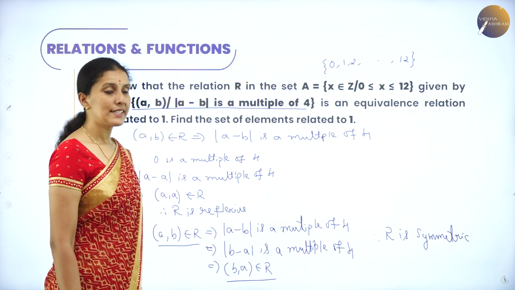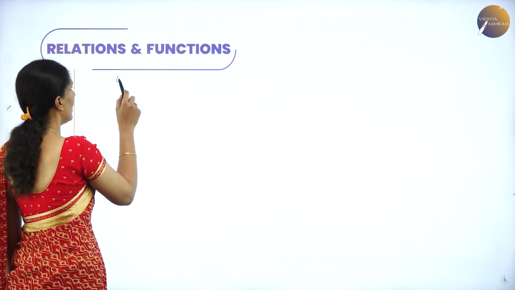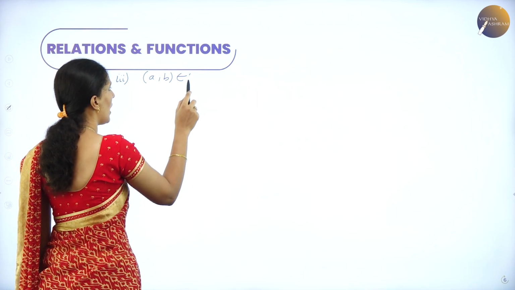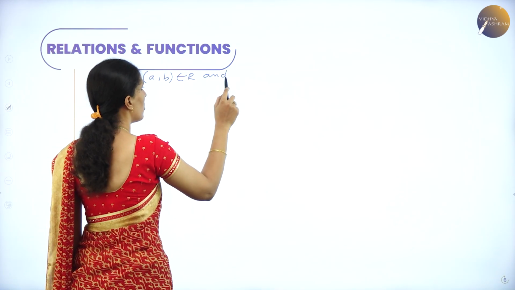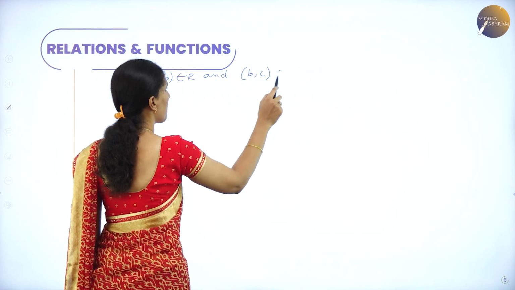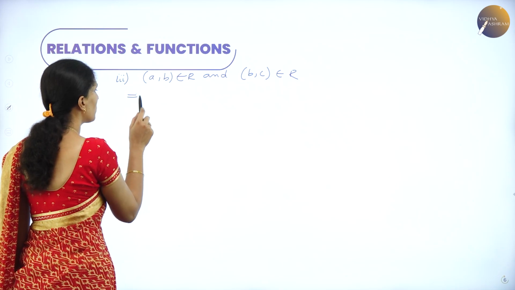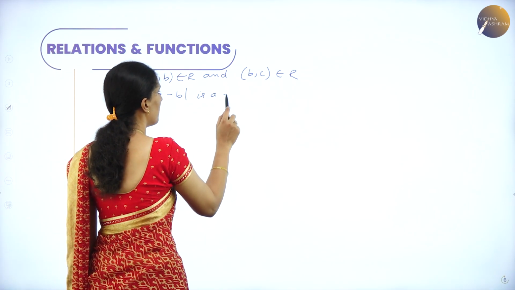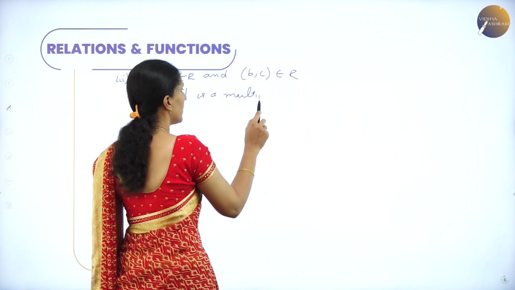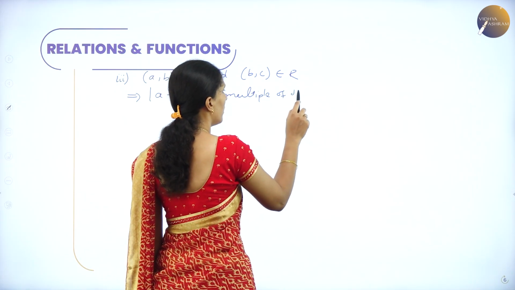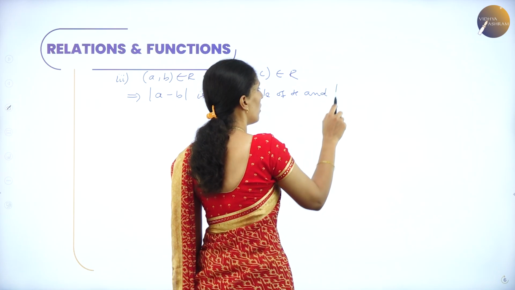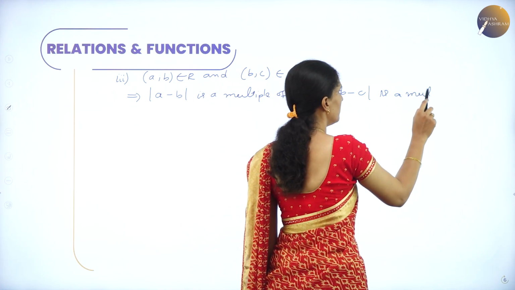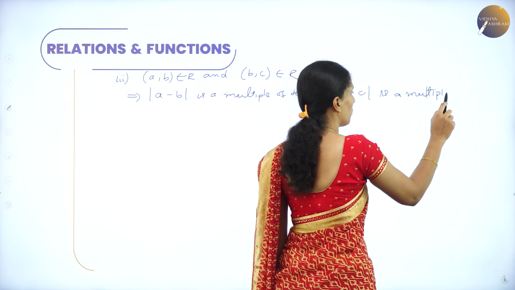Next, we show that R is transitive. So let me take two ordered pairs: A comma B belongs to R and B comma C belongs to R. So this implies modulus A minus B is a multiple of 4 and modulus B minus C is a multiple of 4.